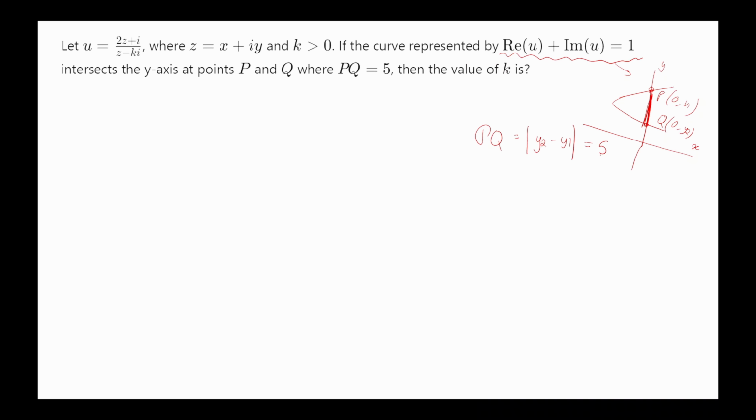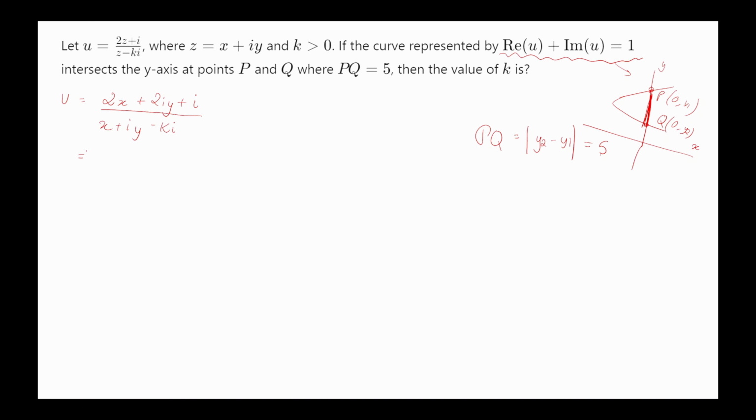So again, let us simply write down our z as x plus iota y and then segregate our real part aside and our imaginary part aside, and then we'll sum it up to get the value 1. So let's see, what do we get? U is equal to 2 times x plus 2 iota y plus iota upon x plus iota y minus k iota.